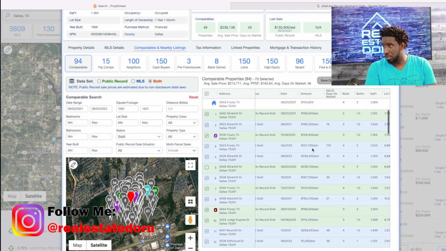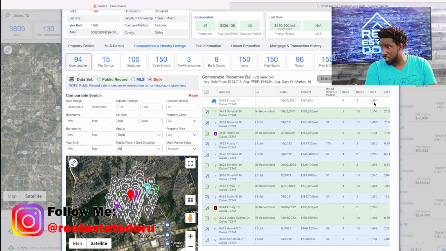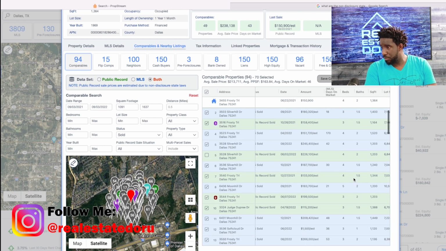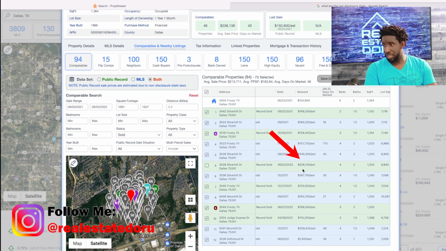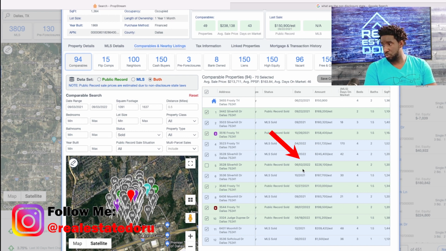So for this 4-bedroom, 2-bath, 1,300 square feet, I can pretty much bet that this 4-bedroom, which was on the market for 42 days, 1,200 square feet, was probably fully renovated, sold in August, and they got the price of 245. Now 226 looks like an off-market sale that happened in June.